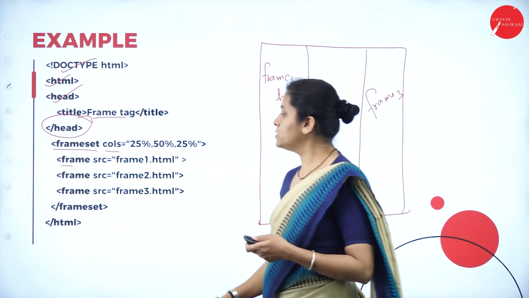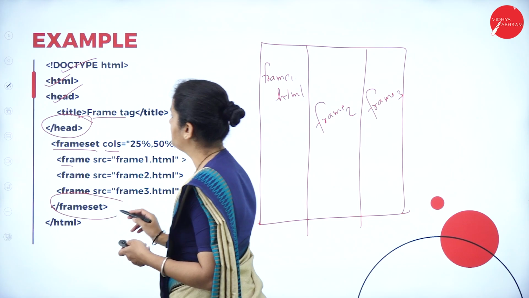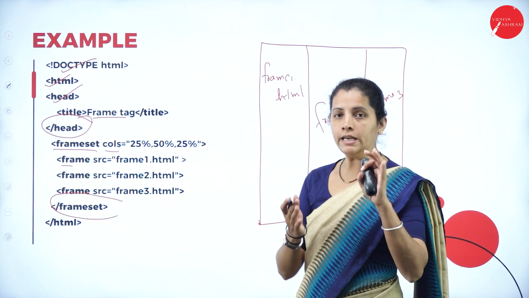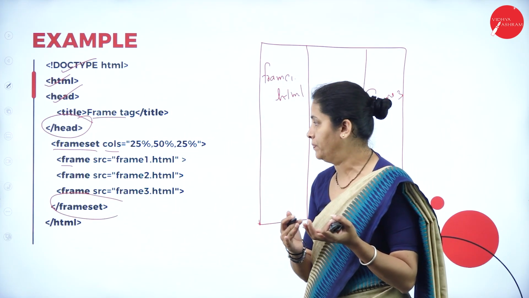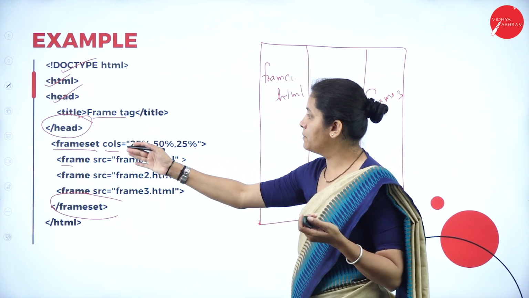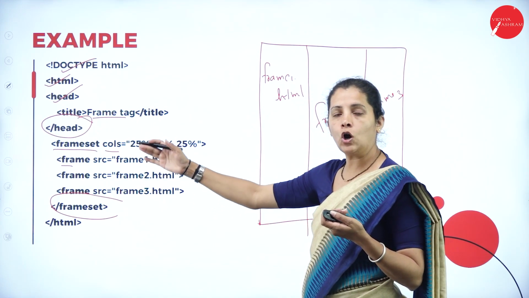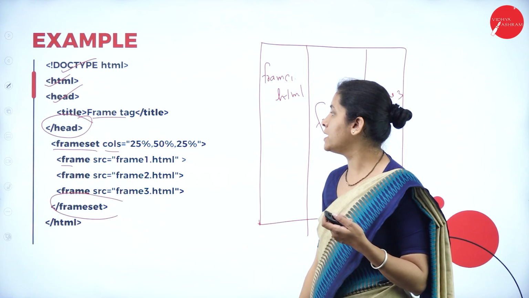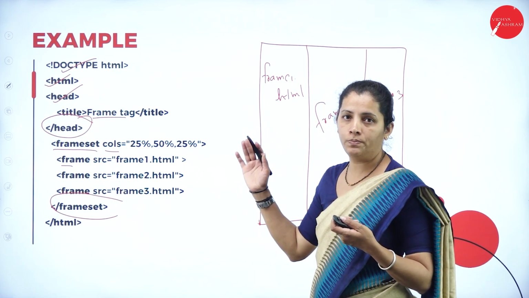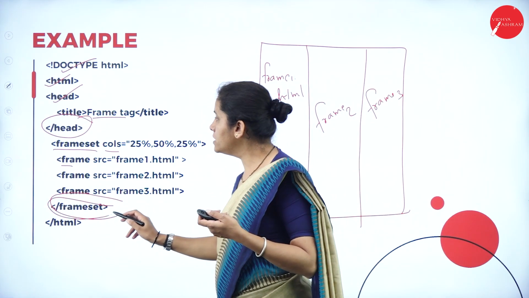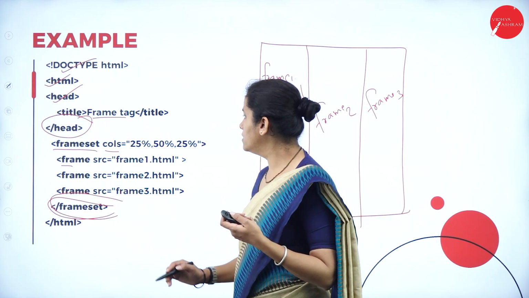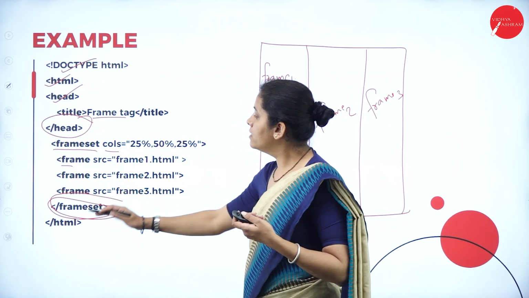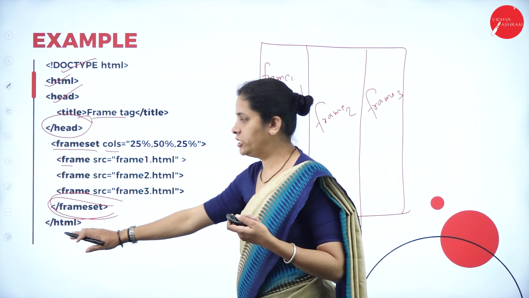And I'm going to close the frameset. So first I use the frameset, and inside that I use the frame. In my frameset, I'm using attributes like column, or I can use the attribute row. First I close the frameset, then I'll close the HTML.